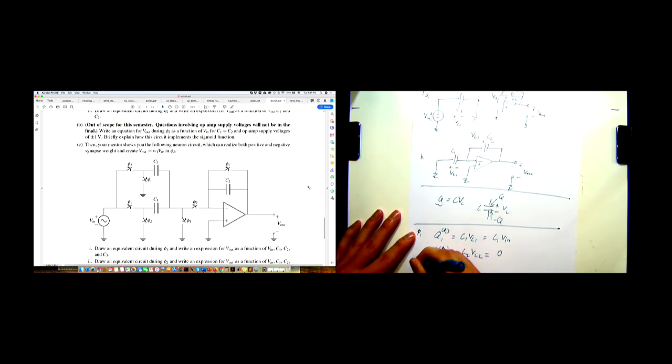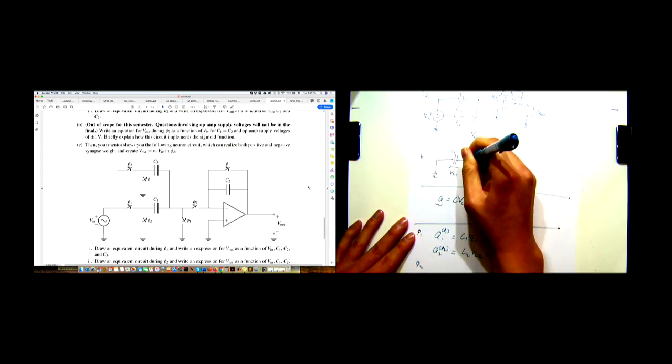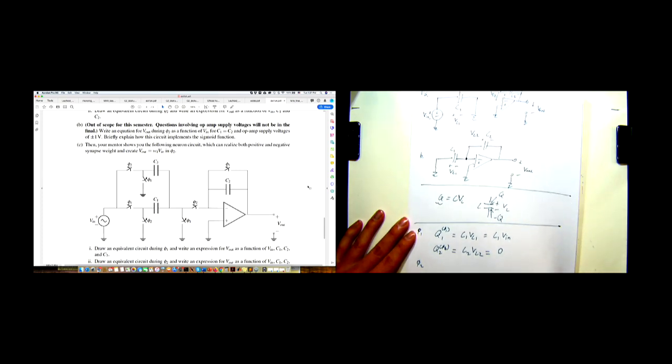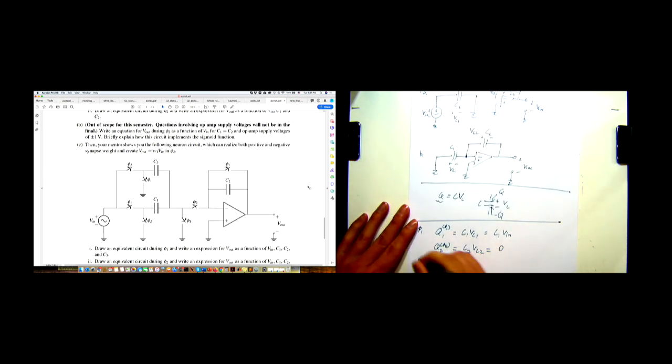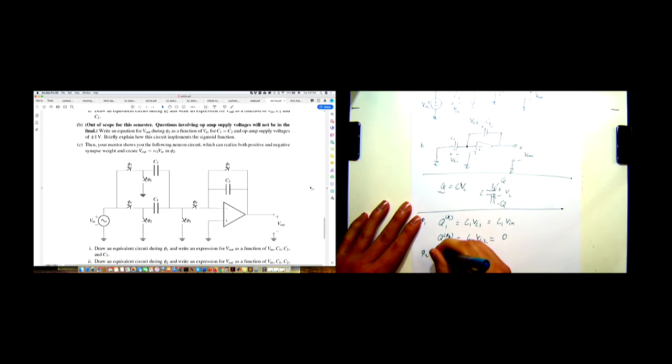When we go to phase 2, in order to solve for the charges, we have to use charge conservation.